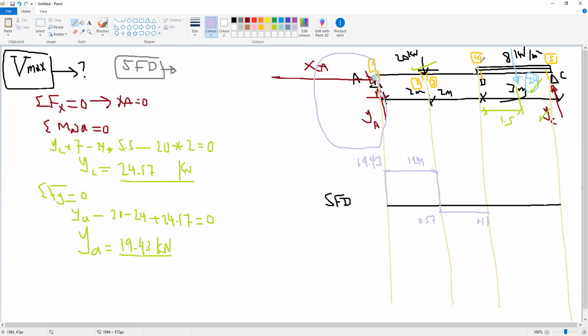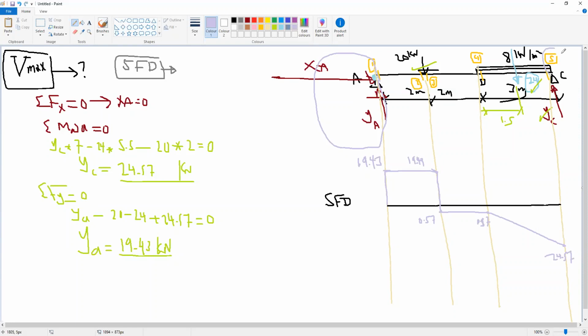From cut 4 to cut 5, we have a uniform load of 24. So from 0.57 with the 24, we will reach here 24.57.